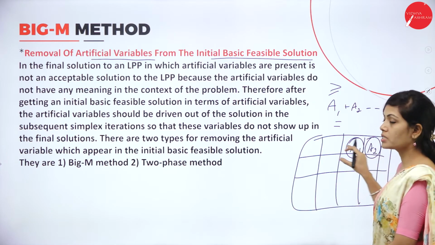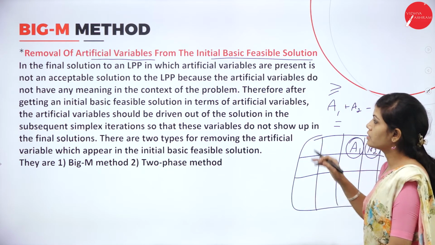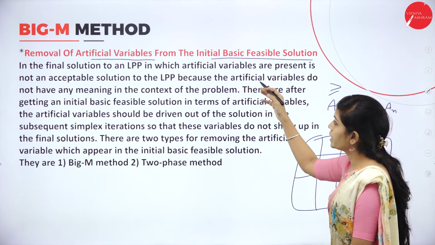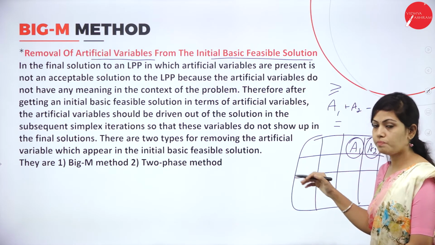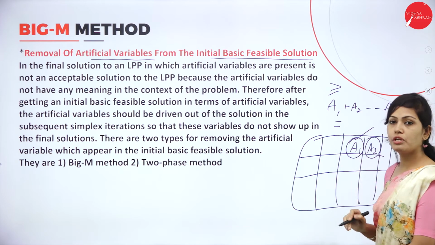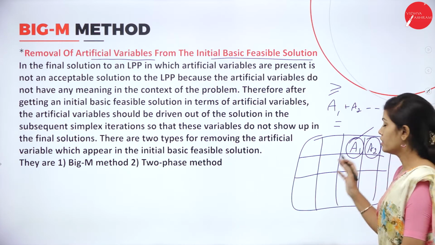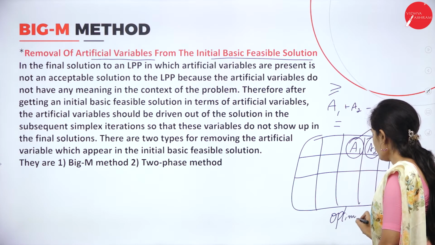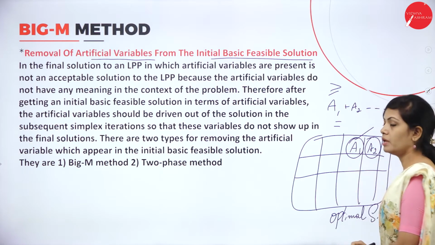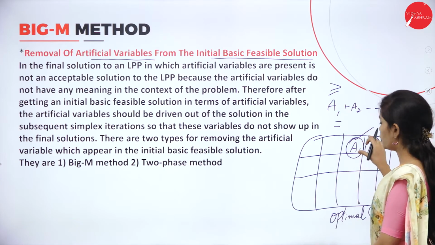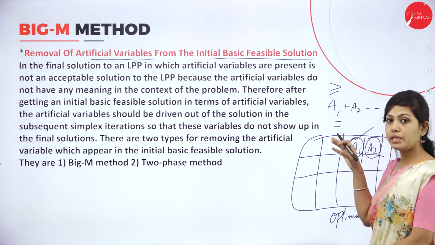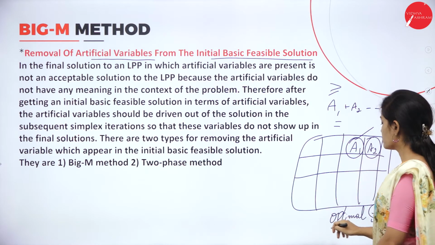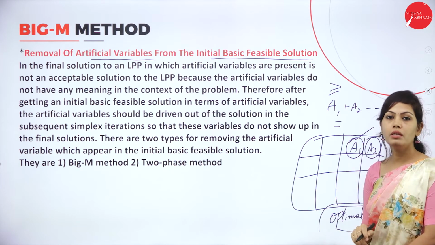So how to remove them in every iteration? That is the concept: removal of artificial variables from the initial basic feasible solution. If you remove the artificial variables in every iteration, you will get the final optimal solution.